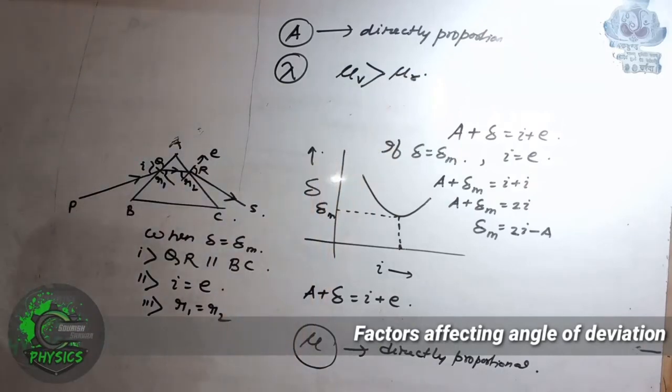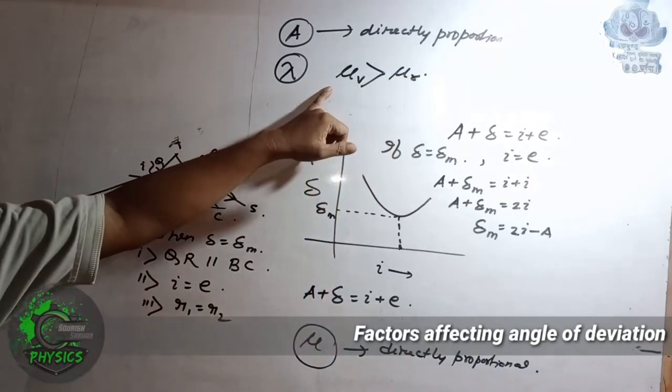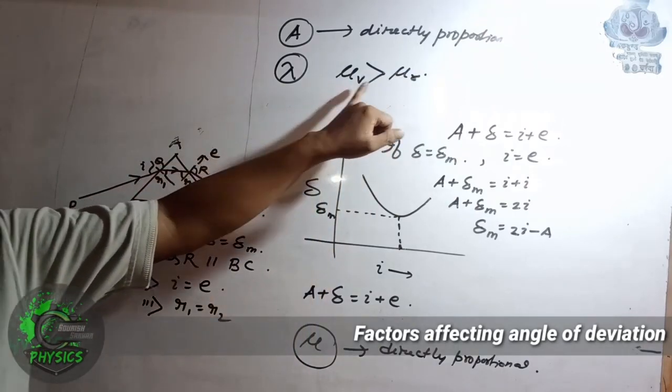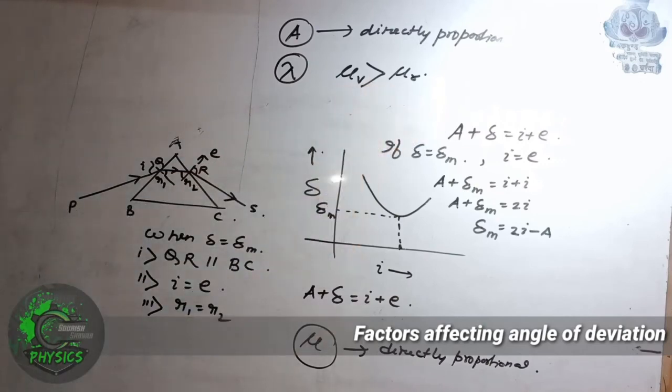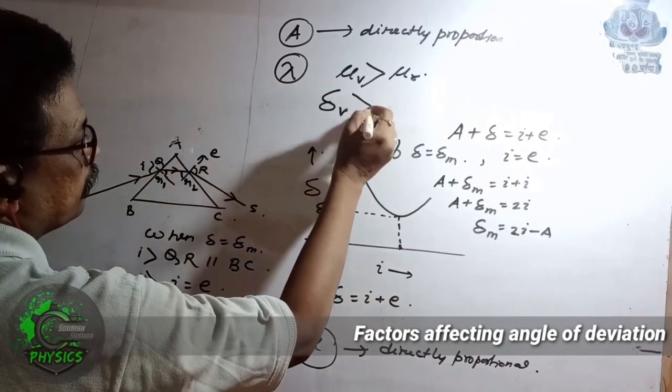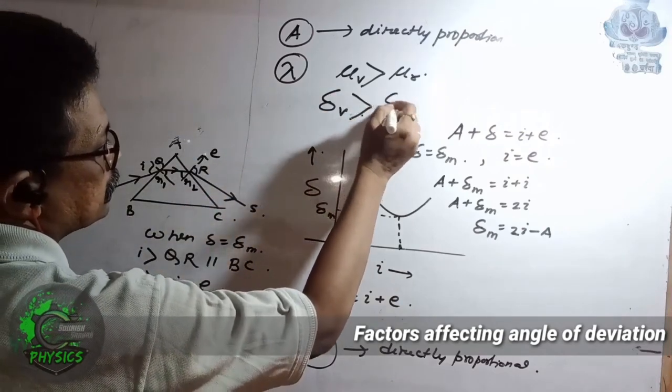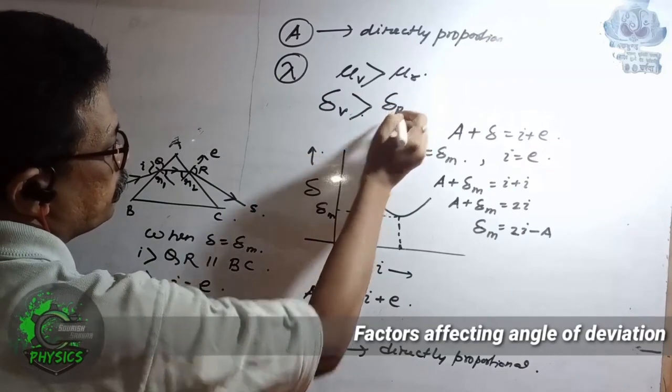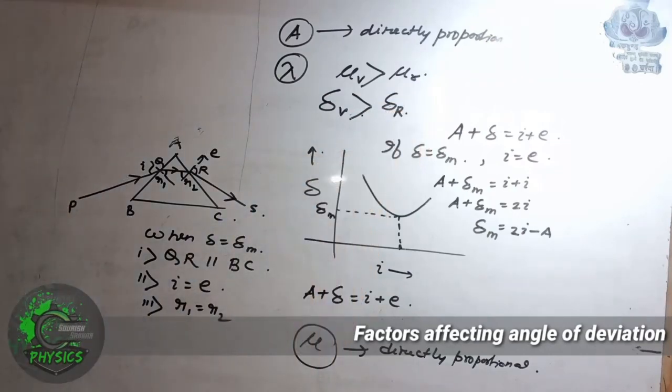It means the refractive index is more for violet color and less for red color. That's why the angle of deviation delta for violet color is greater than for red color. So we can say that the prism deviates violet light the most and red light the least.